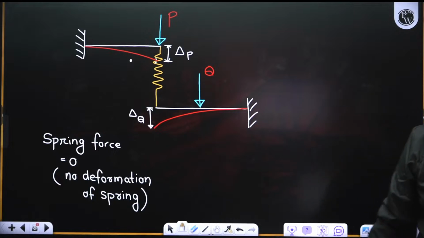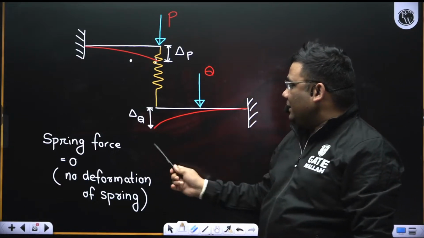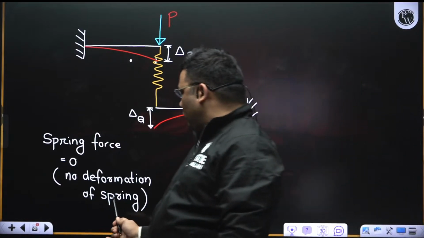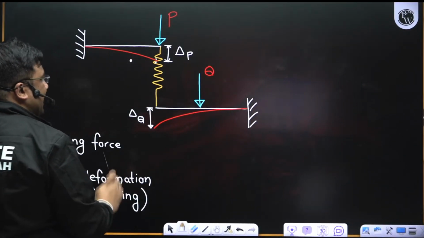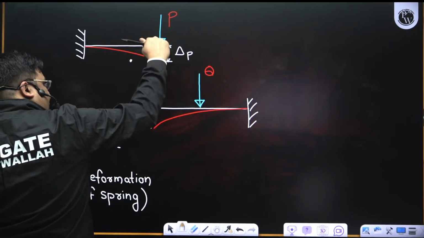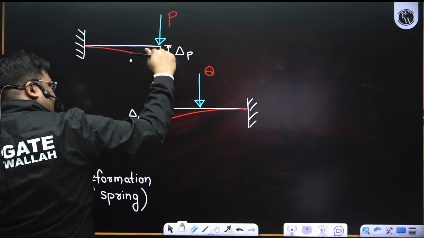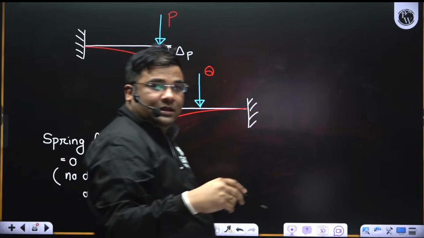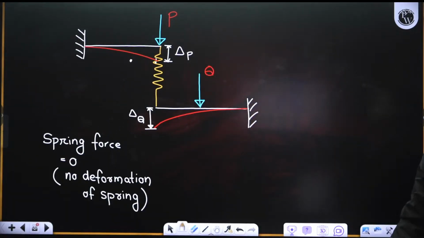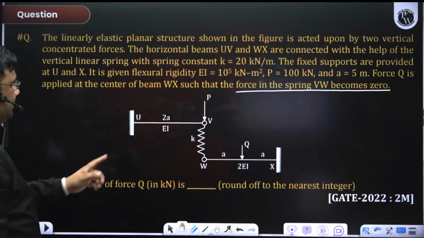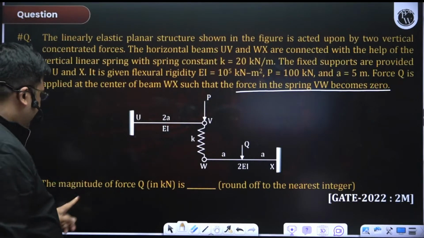Spring force 0 means there is no deformation of the spring. The indirect meaning is that the amount by which this beam has deflected, the same amount this beam has deflected. Same amount of deflection has happened here. So now we know, it is given the length is 2a, and EI is given.